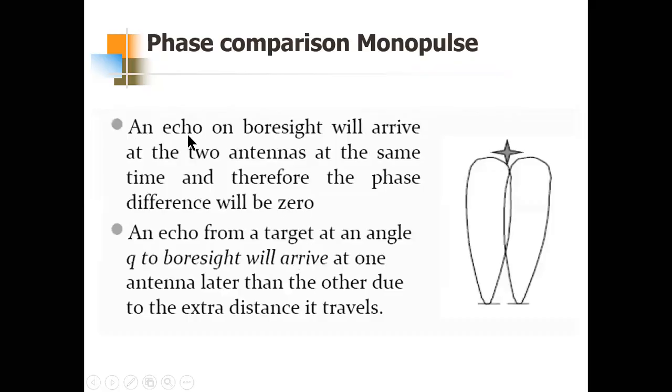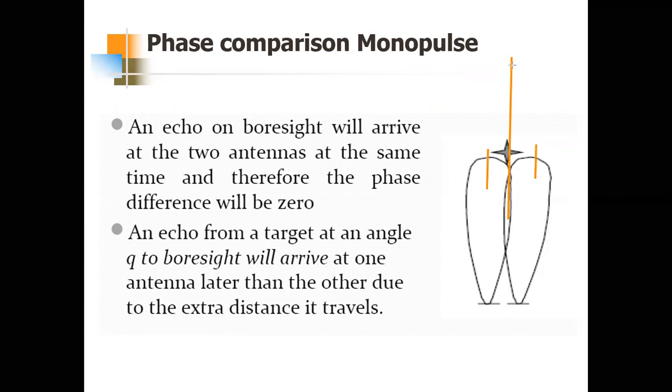An echo on the boresight, meaning at the crossover between the two beams, will arrive at the two antennas at the same time. So this is the boresight, wherever you see the star. If the target is along the boresight, in the same direction, this is the peak of one beam and this is the peak of the second beam.